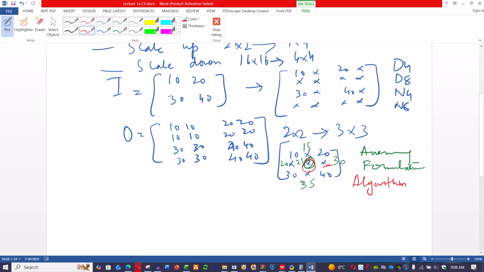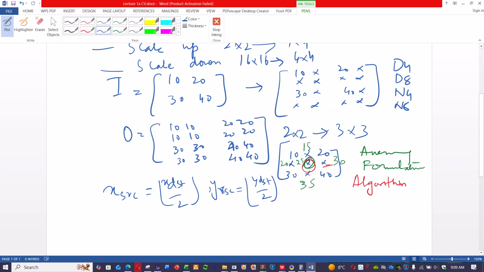Okay, so now let's talk about the formulation. Let us consider that our formulation is basically x source is equal to x destination divided by 2, and y source is equal to y destination divided by 2.